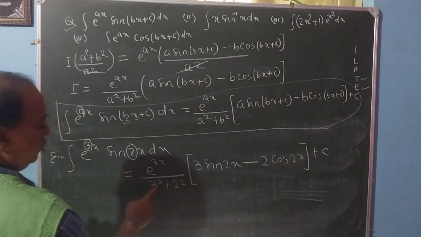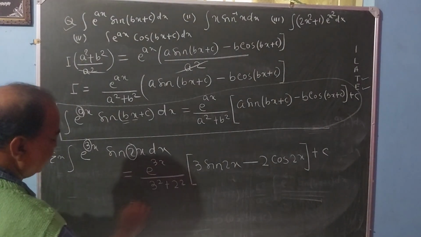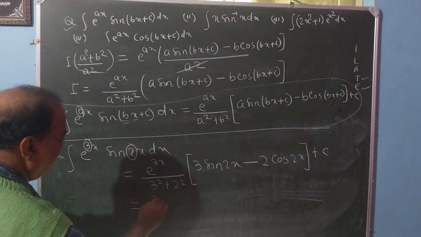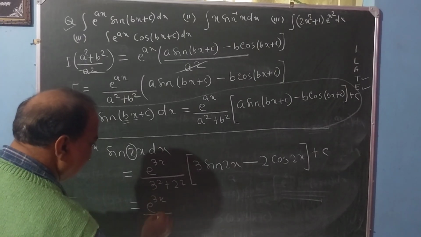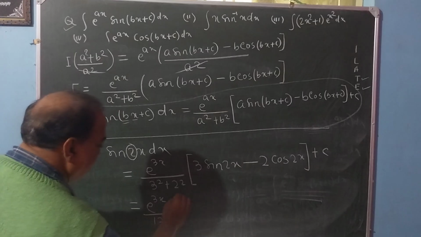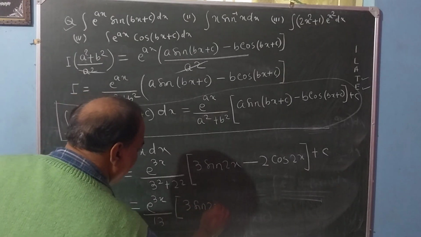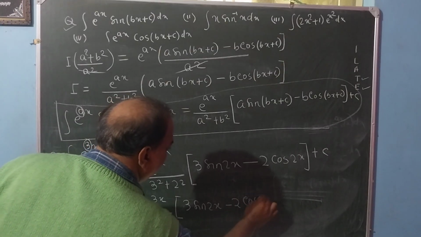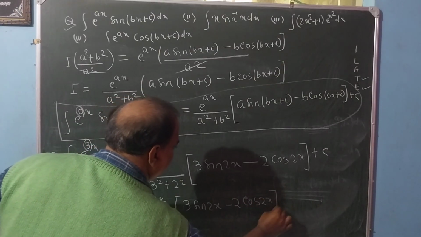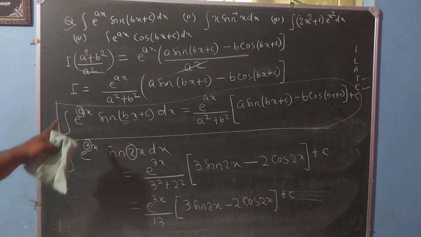So 3 square is 9, 2 square is 4. So the result will be e to the power 3x by 13, whole into 3 sin 2x minus 2 cos 2x plus c.